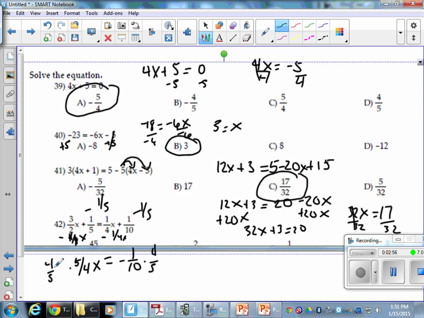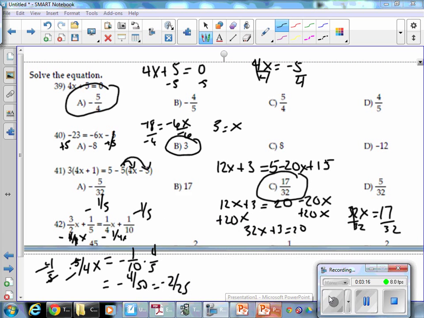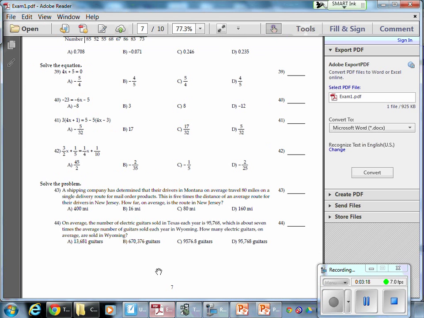And I would get negative 4 over 50, which is negative 2 over 25. Hopefully that's one of my answers here. Not sure. Let me pause this for a second. Yep, I just had it cut off. That is the answer to D, negative 2 over 25.